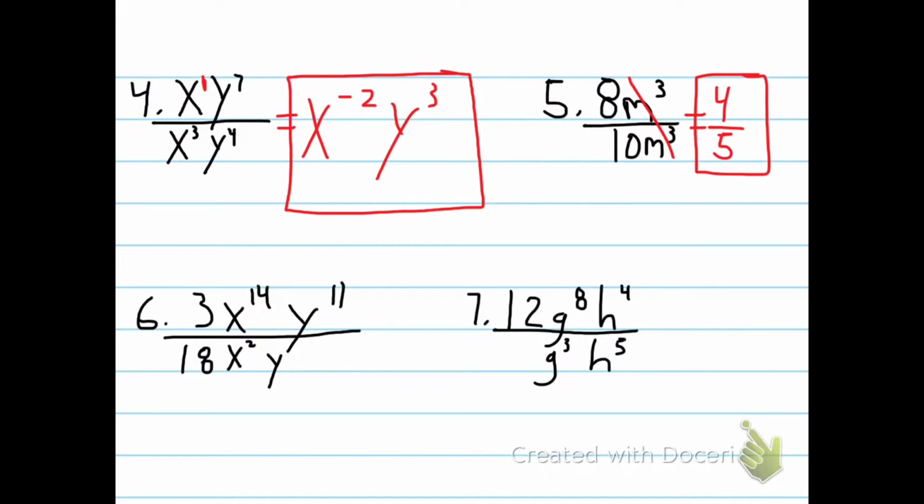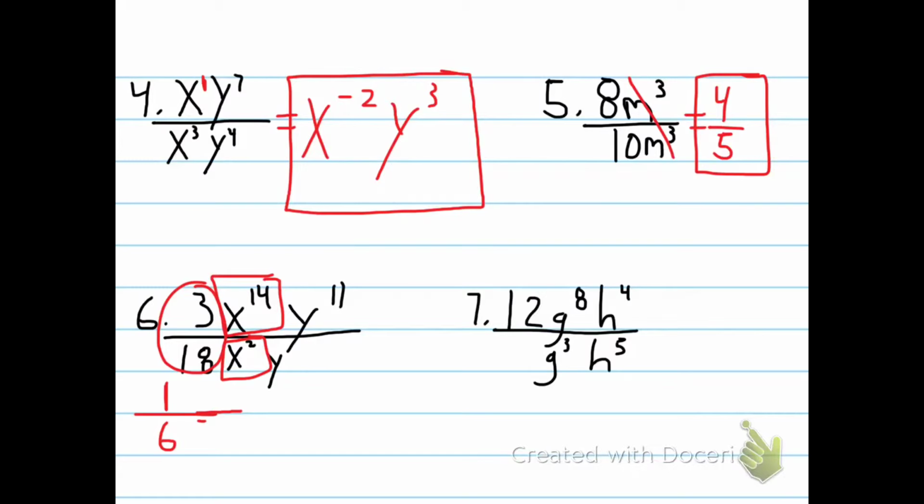So number 6 is just a little bit different. First, remember to simplify this, so you get 1 over 6. And then 14 minus 2 is 12. And since this side has more x's than this side, you put the x on top of the fraction.